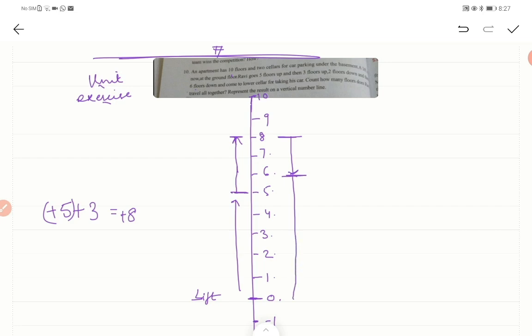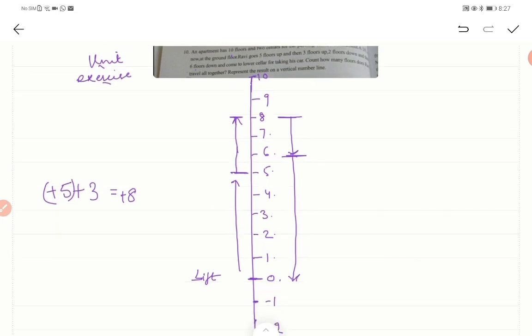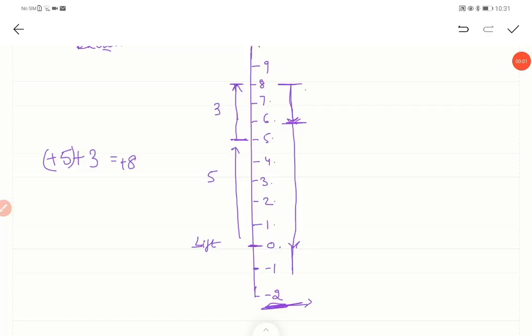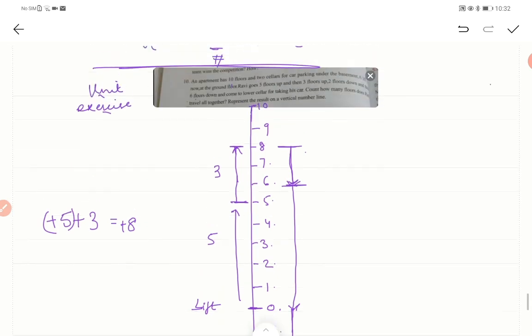So he has come 6 floors down to the lower cellar for his car. The lowest cellar is minus 2. You have 2 cellar parkings, minus 1 and minus 2, so minus 2 is the lowest cellar parking. His car is on this level, so he took the car and went off.